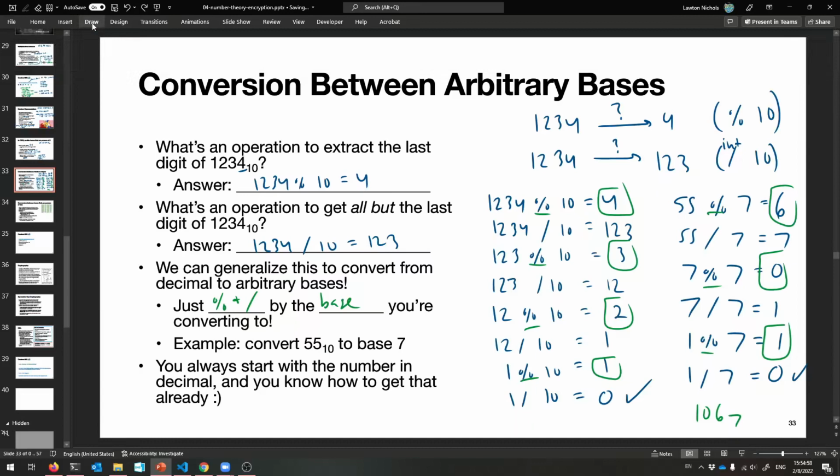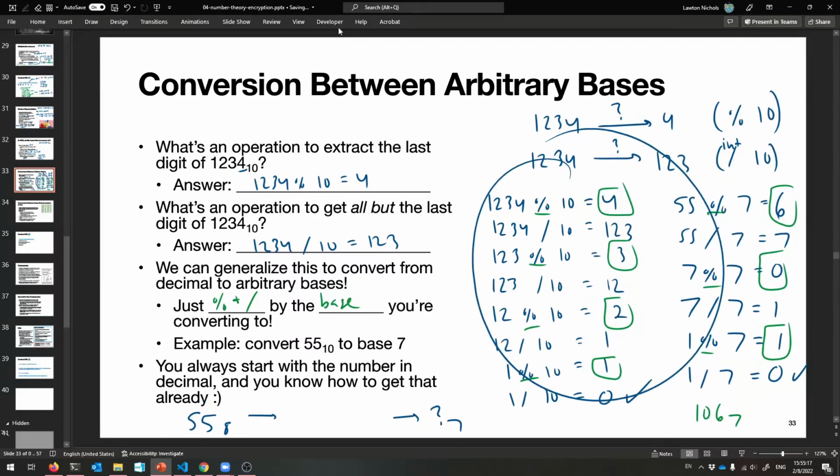So now you can convert between arbitrary bases. So like if you want to convert from 55 base 8 to, I don't know, something base 7, convert from base 8 to base 7. The trick is, just always go to decimal first, because this process only works in decimal, okay? Get it to base 10, and you already know how to do that.